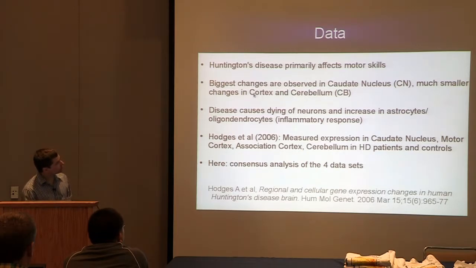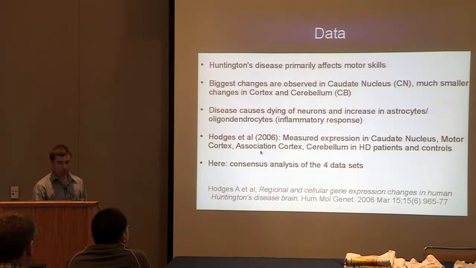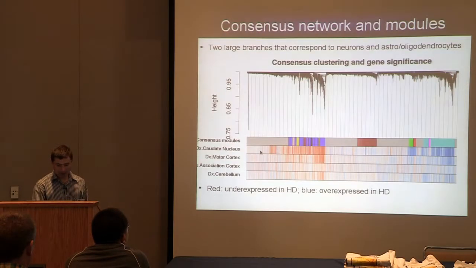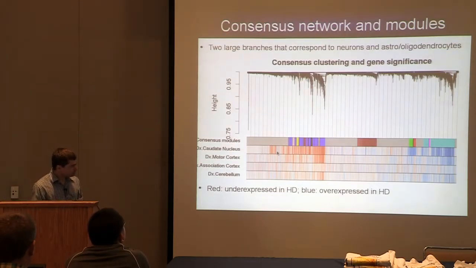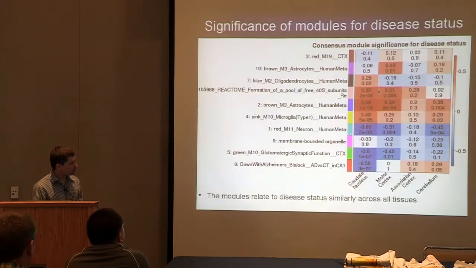And if I just told you that Huntington's disease primarily affects motor skills, and you know a little bit of brain anatomy, which some of you know much more than I do, you would say, well, probably the caudate nucleus and maybe the motor cortex should be the most affected by the disease. Okay, so here's the consensus dendrogram. And again, there are 2 big branches here and 1 smaller branch.